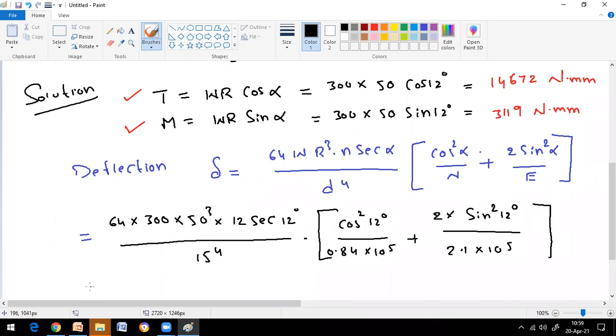If you solve this, you will get an answer of 6.86 mm. So this is the deflection.